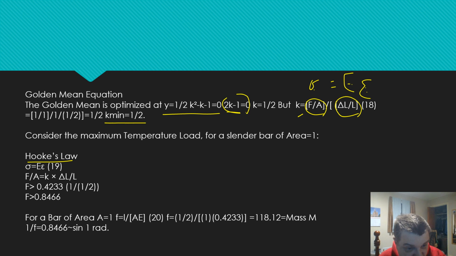So for a bar of area A, F is equal to 1/2 over 1 times 0.4233, which is 118.12, which of course is your mass for your periodic table. 1 over F is 0.8466, which is equal to the sine of 1 radian.